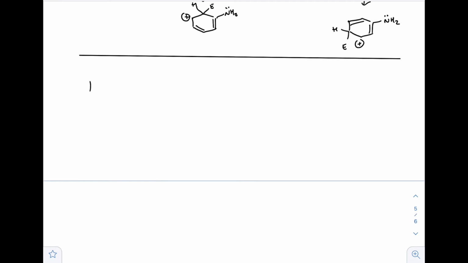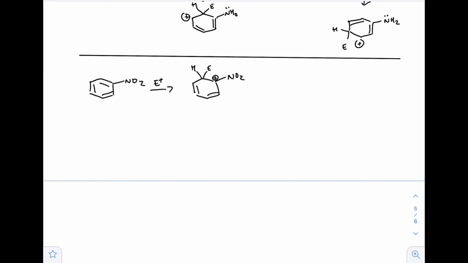So if we're increasing the stability of that and lowering the energy of it, then we're lowering the activation energy, which means we're going to get a faster reaction if we do ortho or para substitutions.